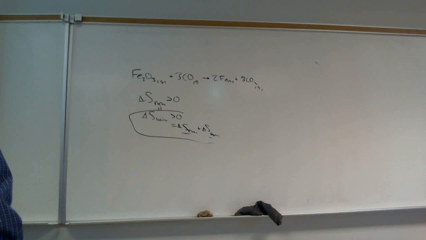When ideal gases are mixed, circle all: delta U less than 0, delta H less than 0, delta S greater than 0, delta S less than 0. Because ideal, yeah, when ideal gases are mixed, there's no IMF.